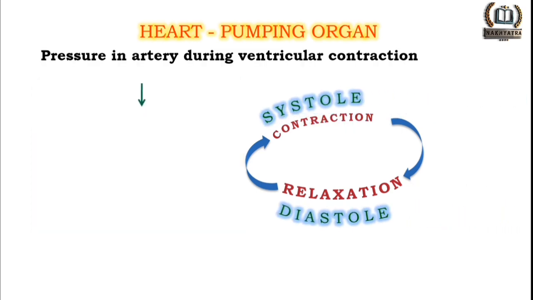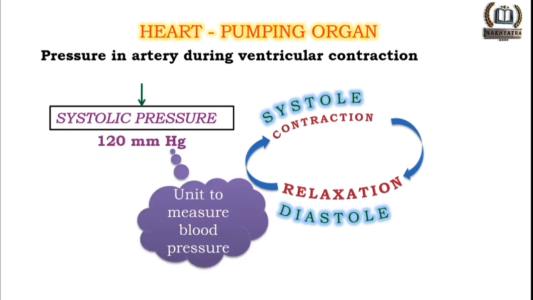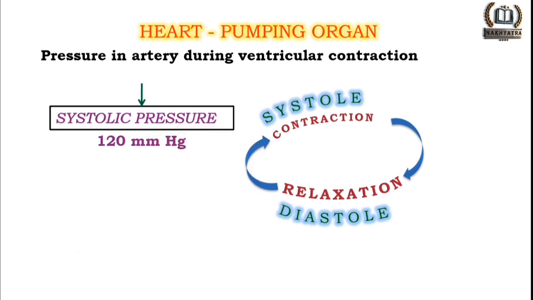Alright? Now see, pressure in the artery during ventricular contraction is called systolic pressure. It is measured as 120 mmHg. So this is basically a unit to measure blood pressure.